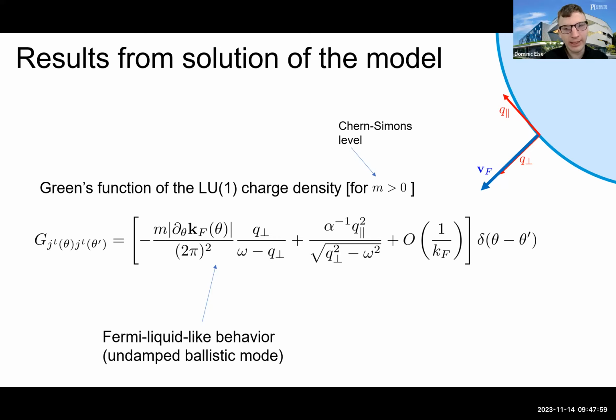This is also what you would get in a Fermi liquid, actually. But you shouldn't view the existence of this mode as saying that we really just have a Fermi liquid, because I think the existence of this mode is really a general feature of any system that has a Fermi surface. There are some arguments you can make about deriving this mode just from considering the hydrodynamics of these conserved quantities associated with LU1.